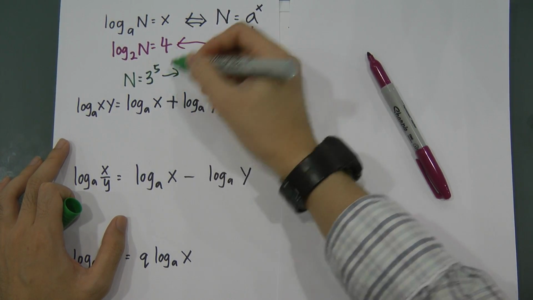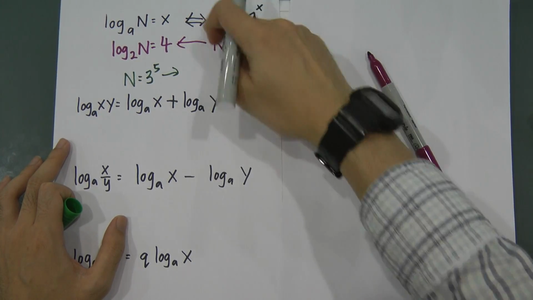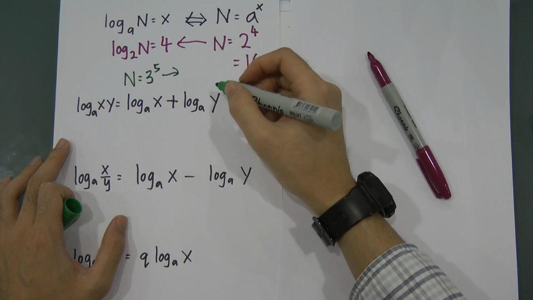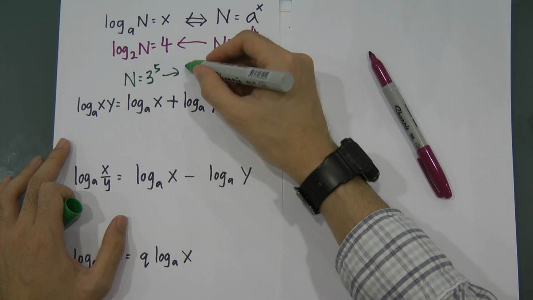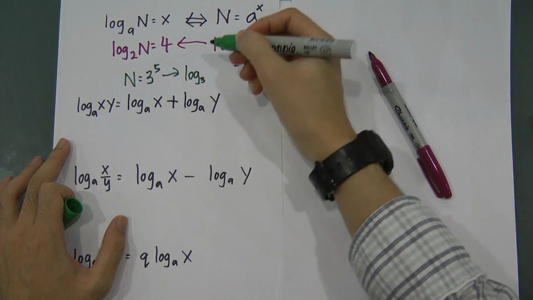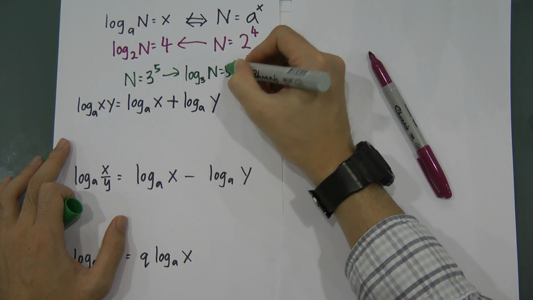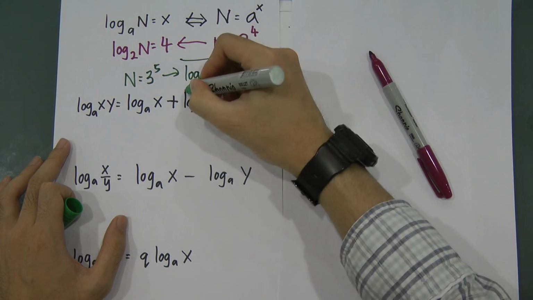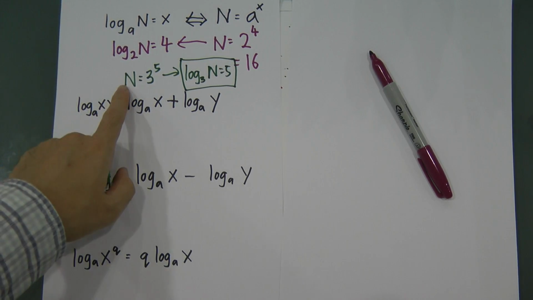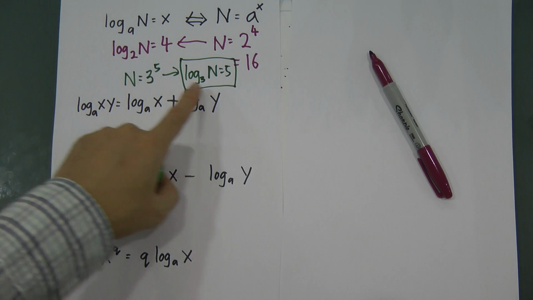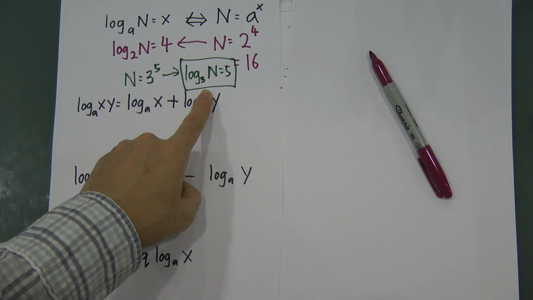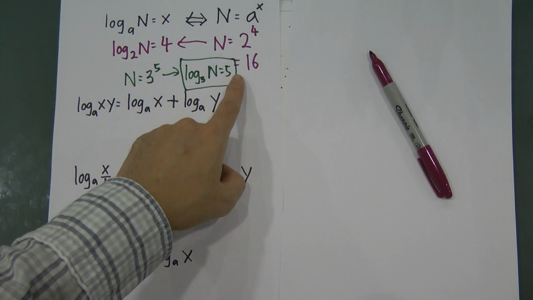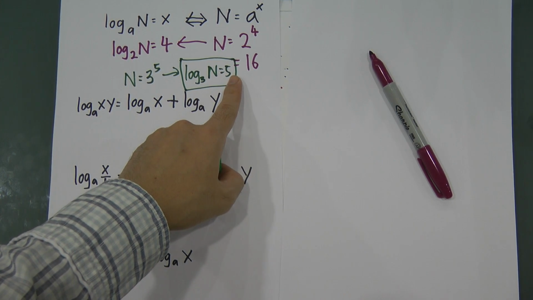If I change back, the 3 becomes the base, so log base 3 of n equals 5. The number becomes the base, and the power becomes the number on the opposite side.